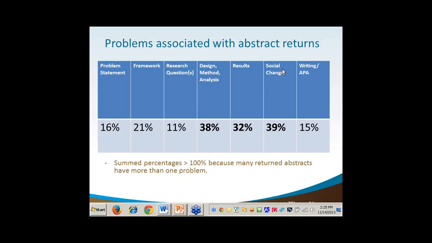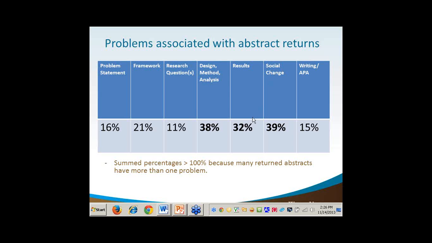But I also code, if I return an abstract, I simply put a tally in one of these columns to indicate why I was returning it. Did I return it because of the problem statement, because of the framework, the research questions, etc.? So here you see the more formal results of my data collection efforts.